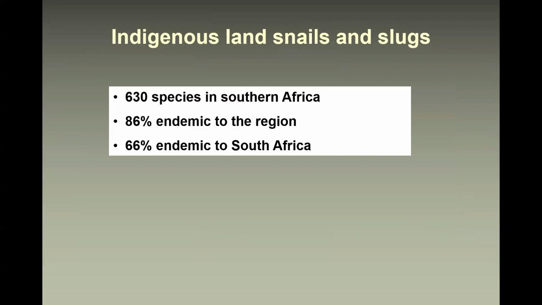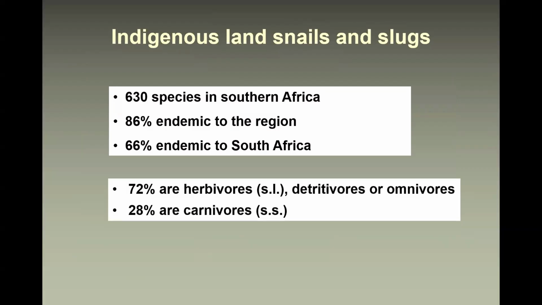Getting on to the land snails, for the southern African region as a whole, about 630 species, 86% of which are endemic to the region as a whole, of which 66% are endemic to South Africa itself. Most of them, 72% or so, are herbivores and detritivores, omnivores, but a surprising number, 28%, are strict carnivores.